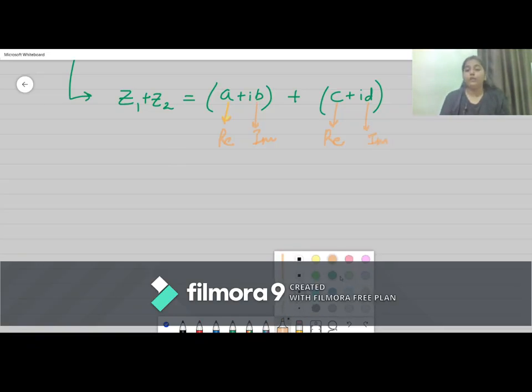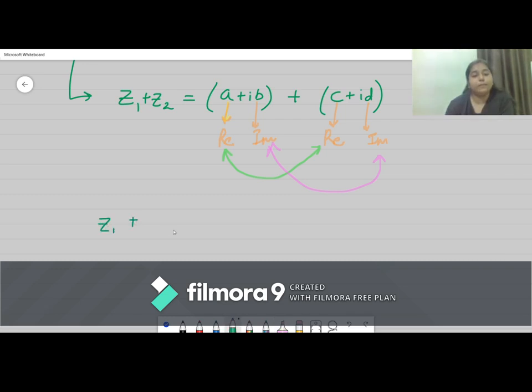What we need to take care of is that while adding, the real part of first will combine with the real part of second, and the imaginary part of one is going to combine with the imaginary part of second. Okay, so Z1 plus Z2 will be equal to what?